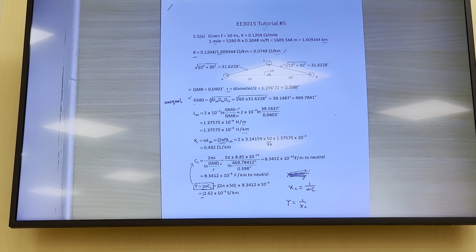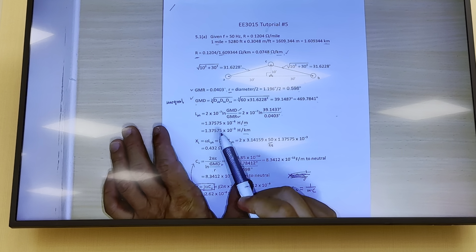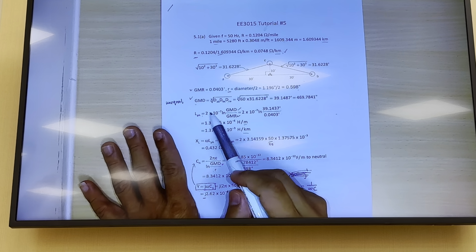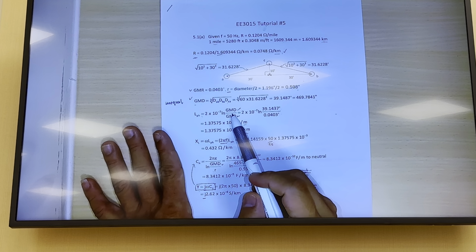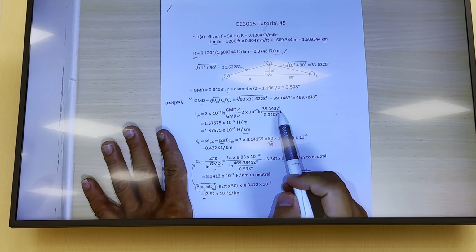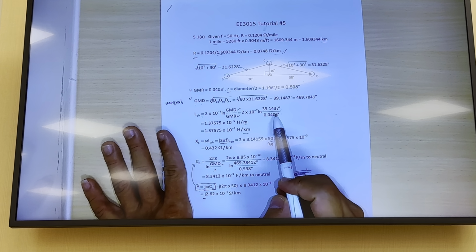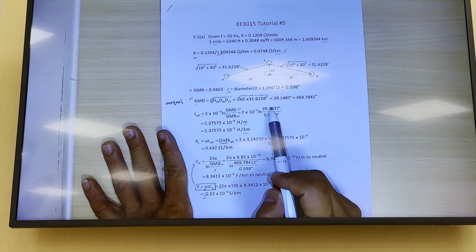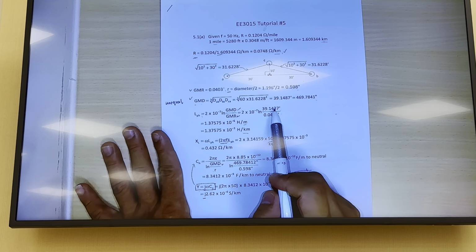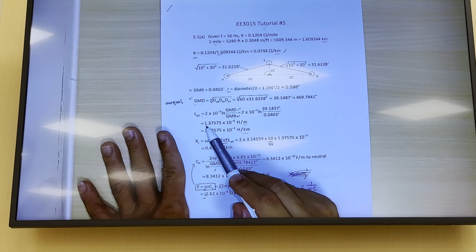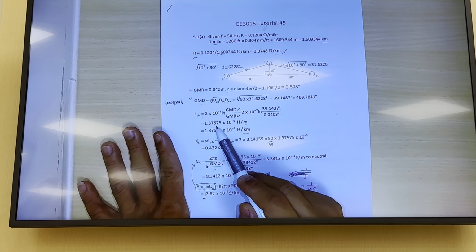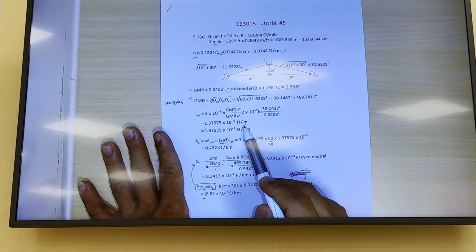So you can see here, when we calculate the L, L equals to this coefficient times natural log of GMD over GMR. So if we both use the inch value, it's also okay because what we need is this ratio. Now finally, L equals to this value, Henry per meter.